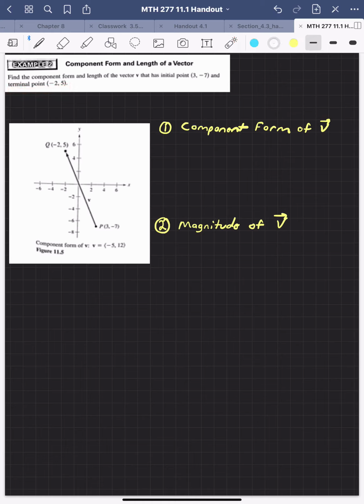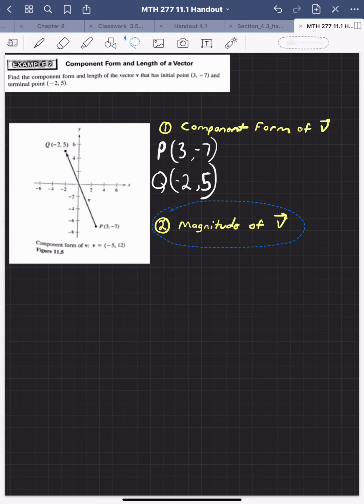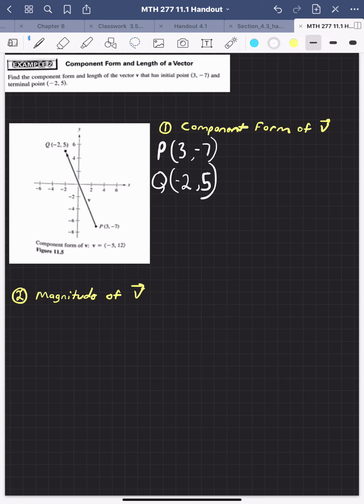So let's put this to use. We'll label the initial point P, at 3, -7, and the terminal point Q, at -2, 5. We want to get to the component form.